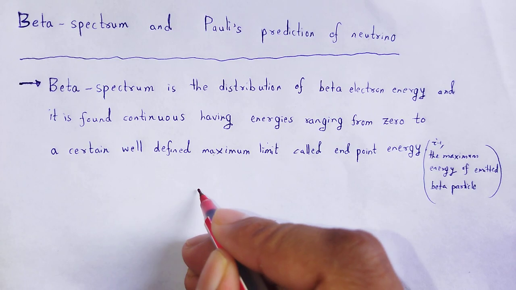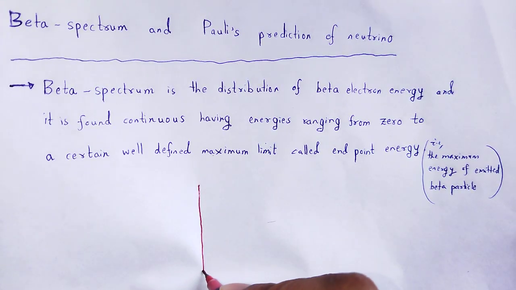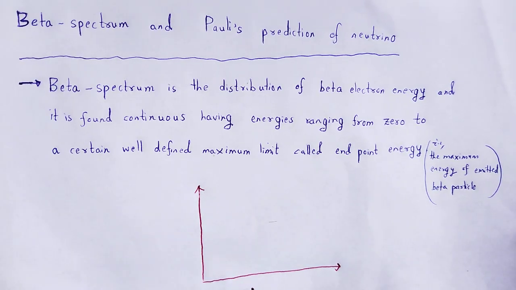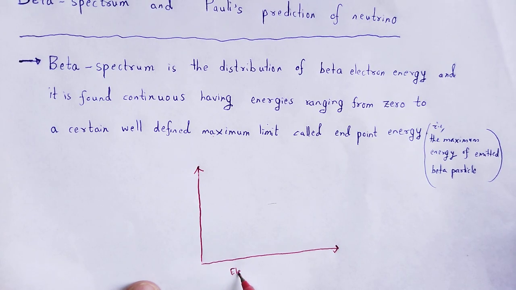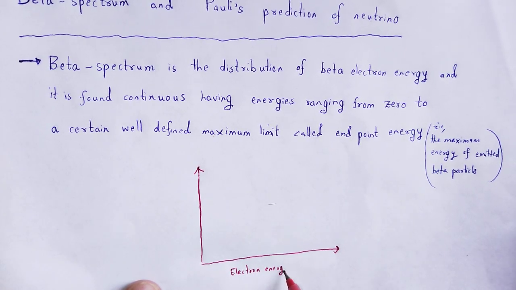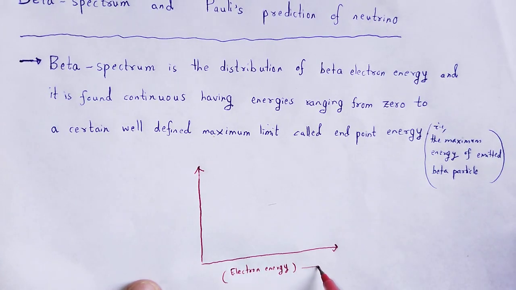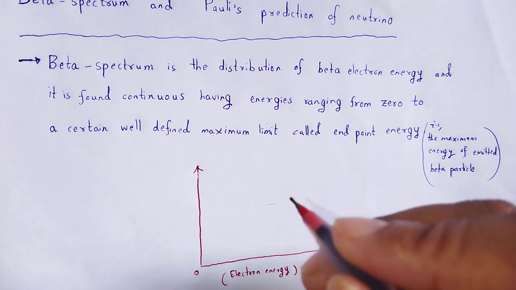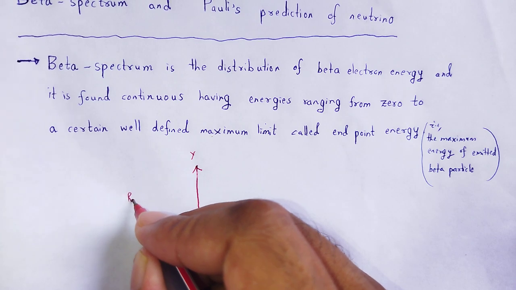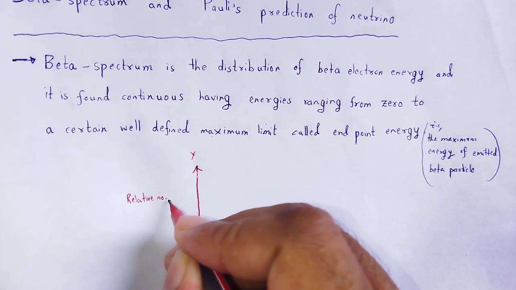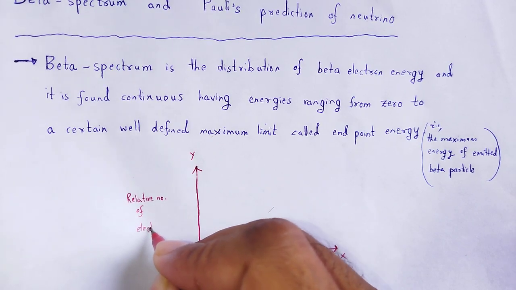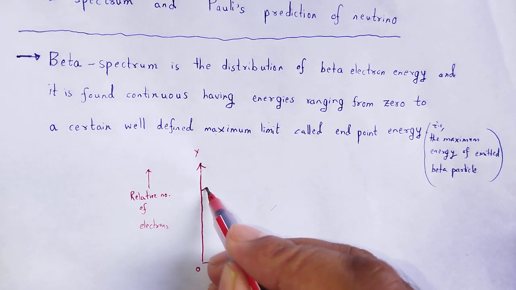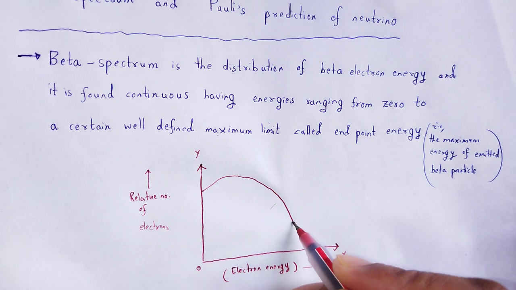When we plot the graph between electron energy along x axis and relative number of electrons along y axis, that graph is looking like this.